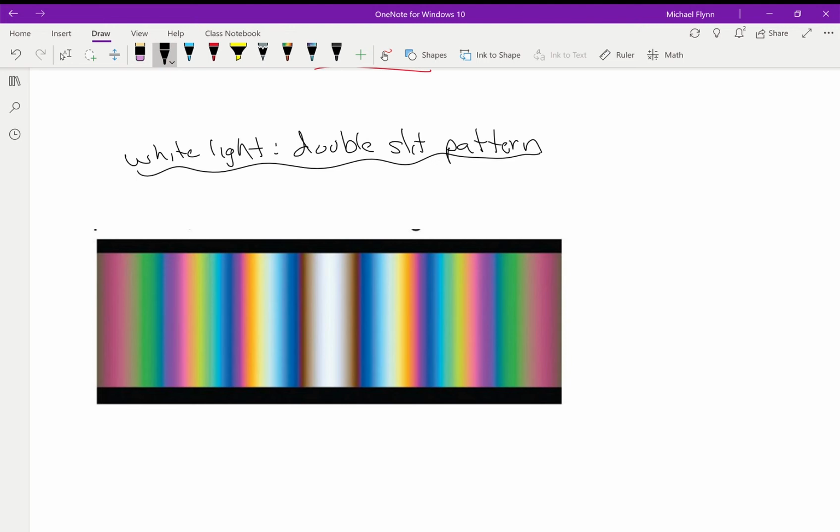What it proves, because the blue ones are closest to the center, is that blue has the shortest wavelength.